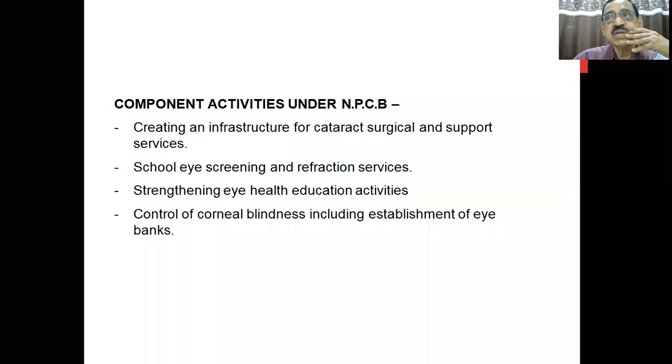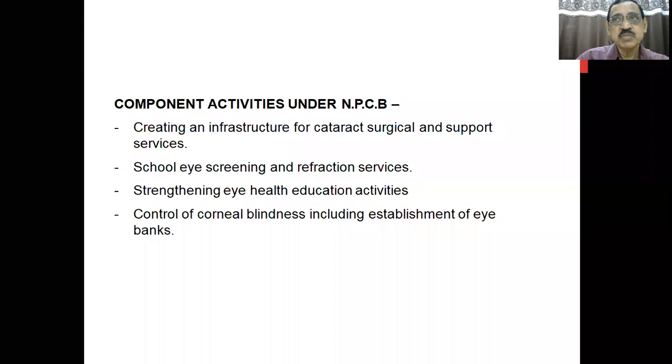The school eye screening program is also conducted nowadays under the DBCS, along with refraction services. So for those people who have defective vision, you conduct a camp and do the school eye screening program for all the children.